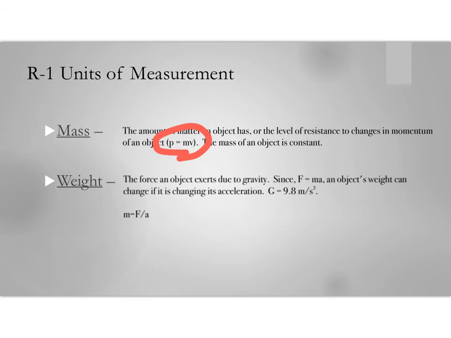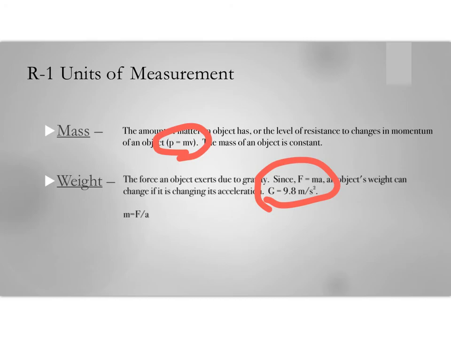Since force is equal to the mass of an object times its acceleration, an object's weight can change if its acceleration changes. For example, here on Earth the gravitational acceleration is 9.8 meters per second squared, but the gravitational acceleration is different on the moon or Mars or Venus or anywhere else.